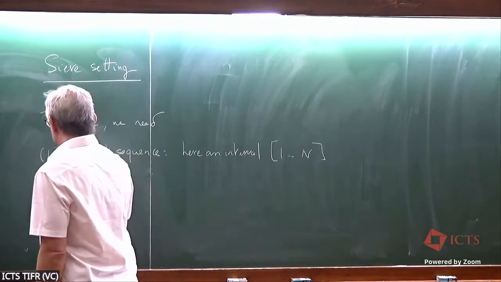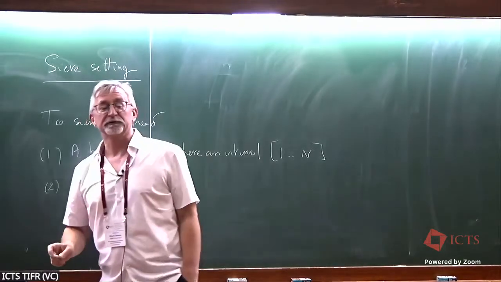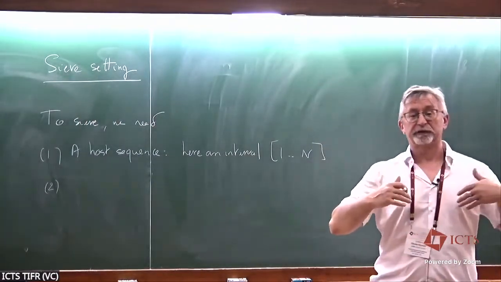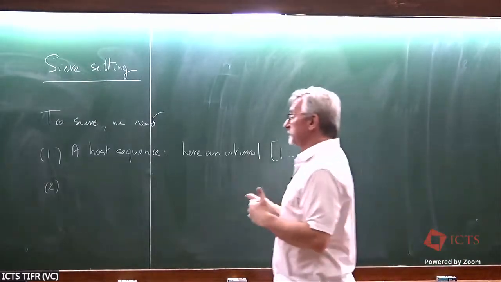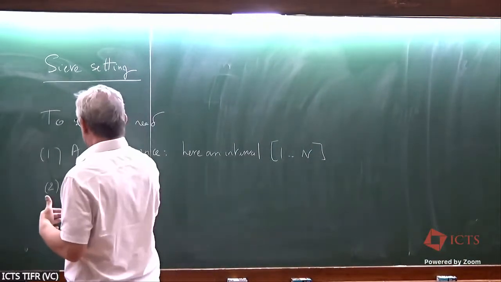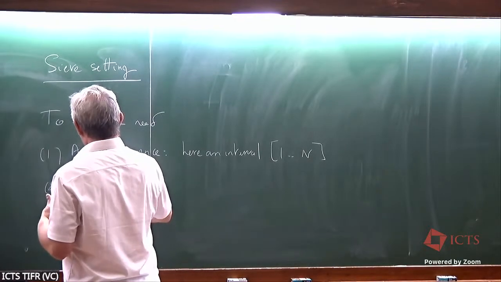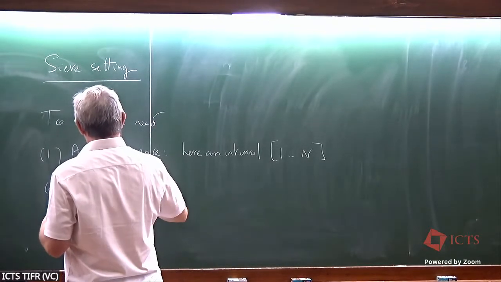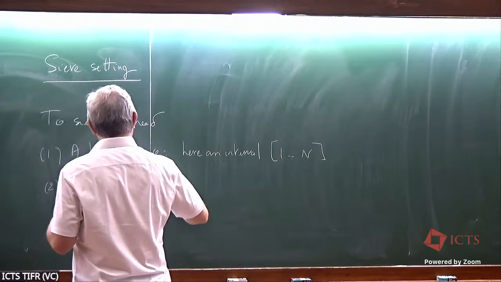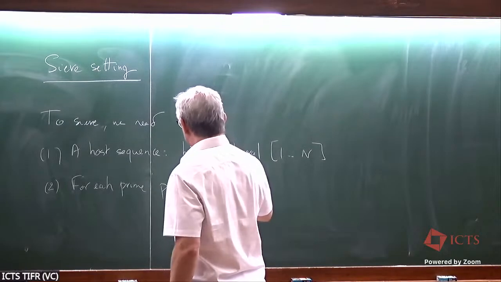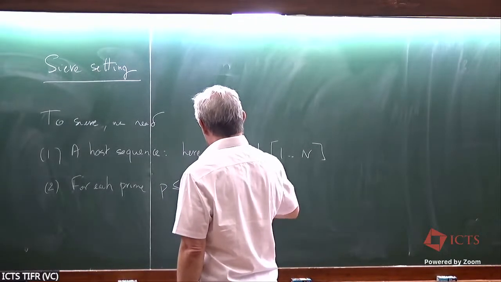And then you need to tell about the classes that you want to remove. For instance, for the primes, for each prime p less than some bound, q, some bound.